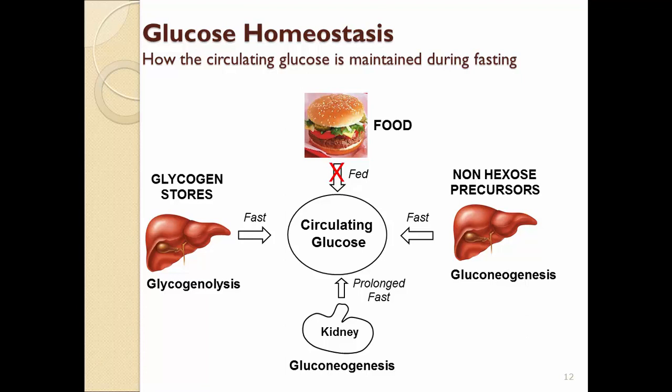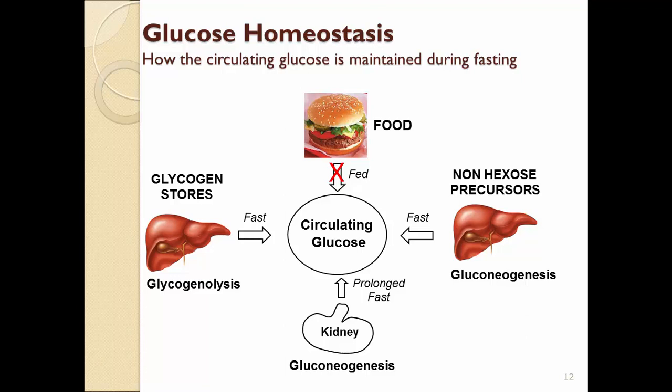And why don't we have muscle in here? Because muscle also has a lot of glycogen stored, right? I already mentioned that muscle is able to break down glycogen, but only uses it for itself, not releasing it directly into the circulation, because muscle lacks the key enzyme glucose 6-phosphatase.